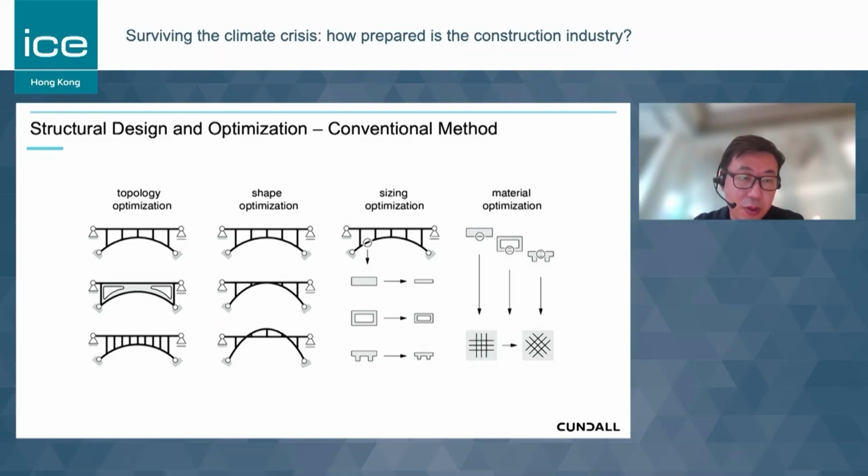We do some optimization, and we look at topology and shape. Then we give them the member sizes, for example beam size, column size, and slab thickness. Eventually this number is converted to the tonnage of the steel volume, and this number can be adopted by our QS to look at the actual cost.